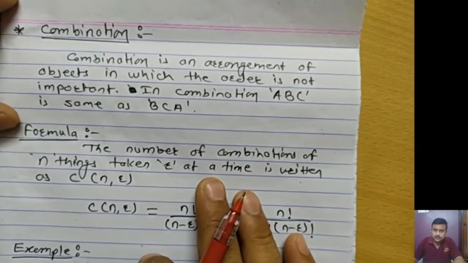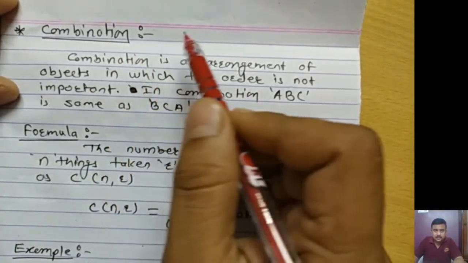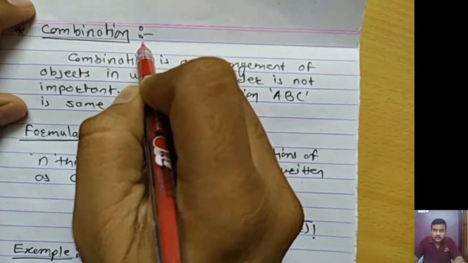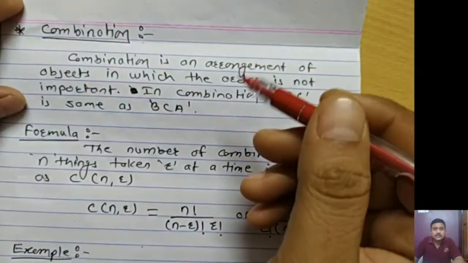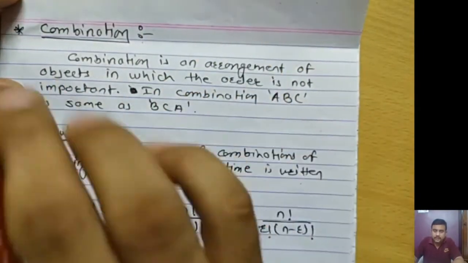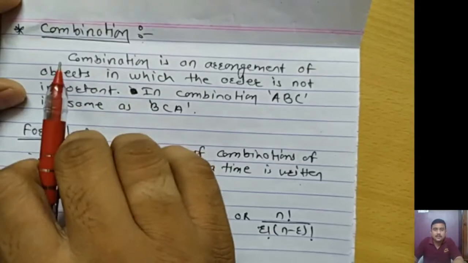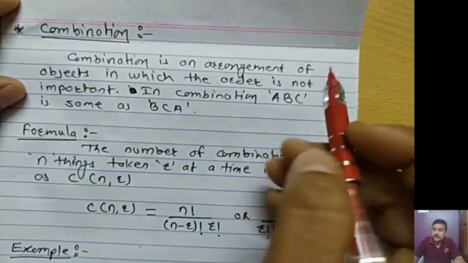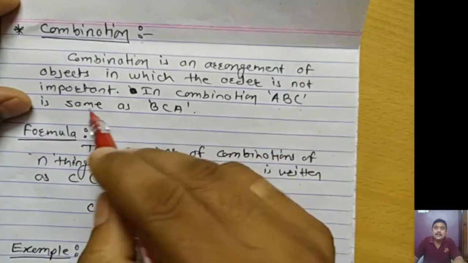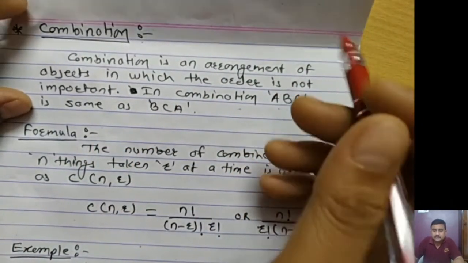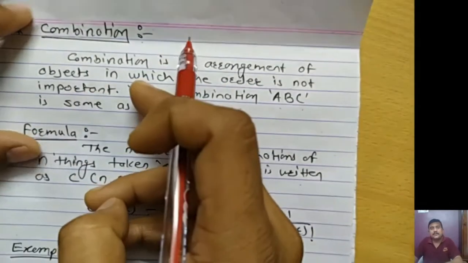Now let us move towards the second part of this session, that is combination. Combination is an arrangement of objects in which the order is not important. We have to keep in mind, in permutation order is important and in combination order is not important. Here ABC is the same as BCA.